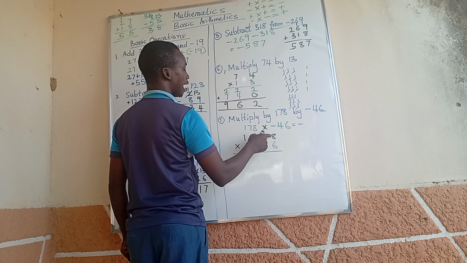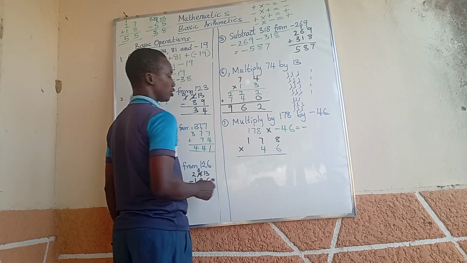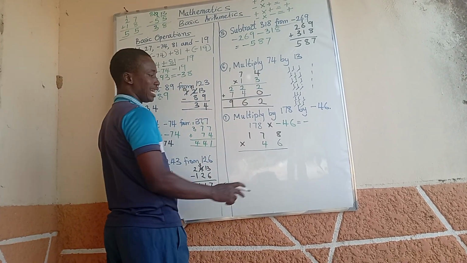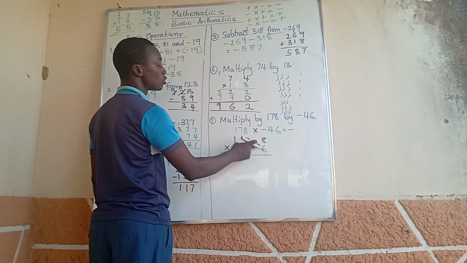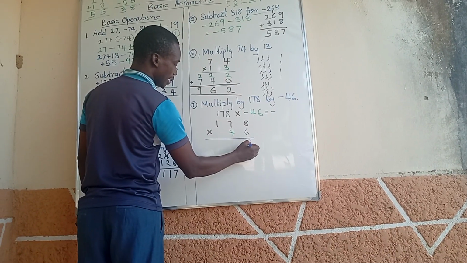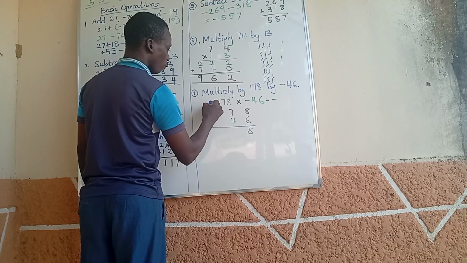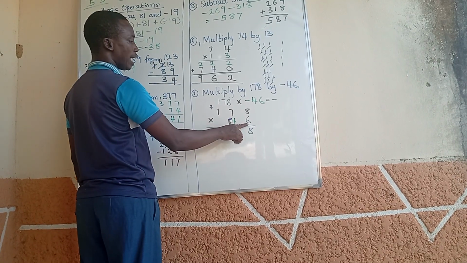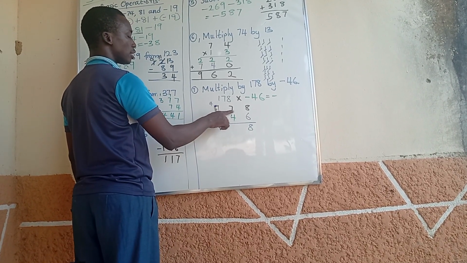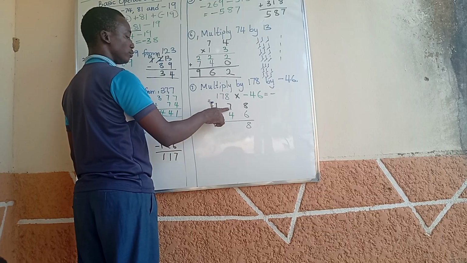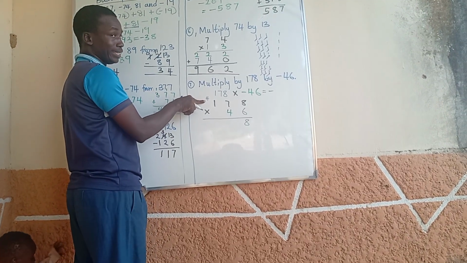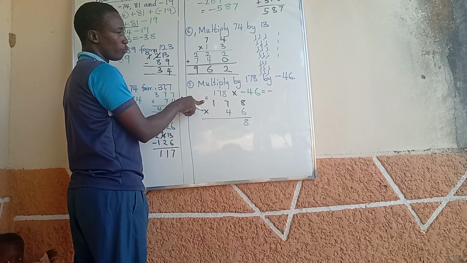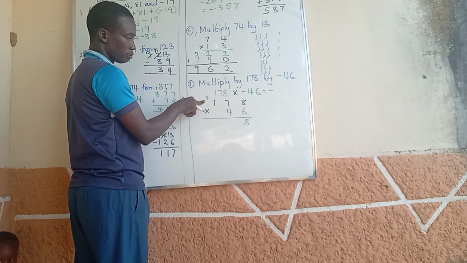6 times 8 is going to give us 48. That means we count 6 in 8 places, which is going to give us 48. So we write 8 and carry 4. Then we say 6 times 7, which is going to give us 42, plus this 4 that we carried, then it will become 46.